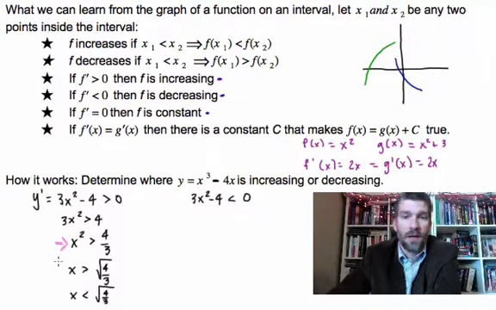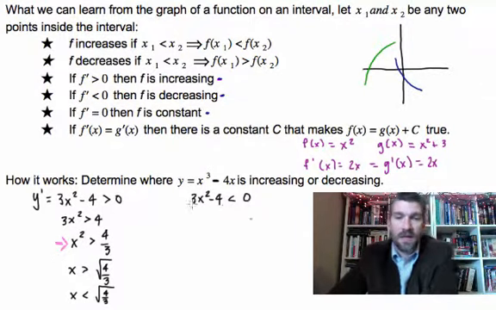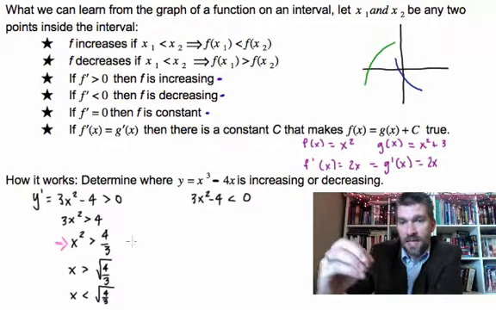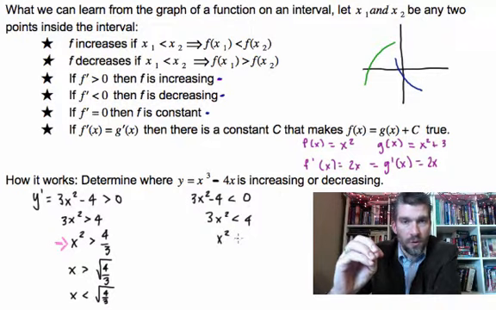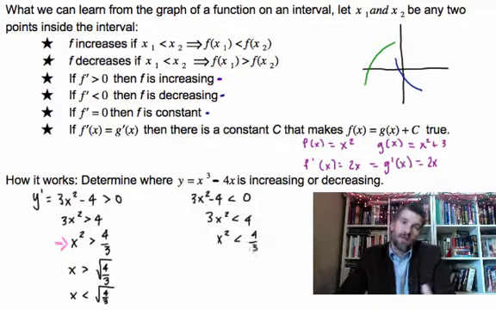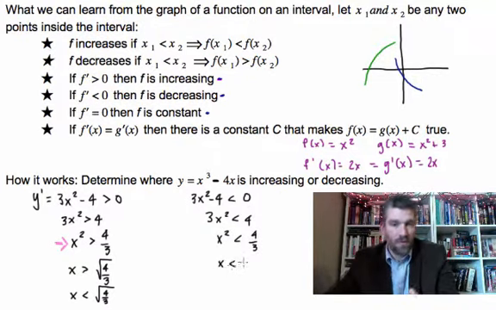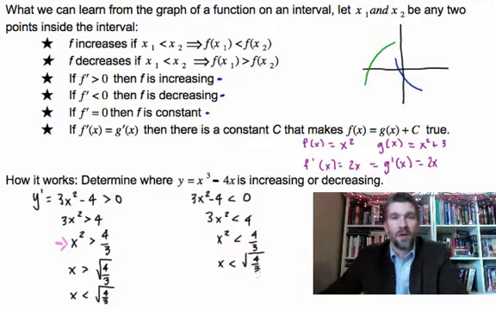Where if you work out the other side, you're going to have the same kind of situation where you've got x squared is less than 4 over 3, so in between negative 2 over the square root of 3 and positive 2 over the square root of 3, if you look on that right-hand side, that's where you're going to have a decreasing function.